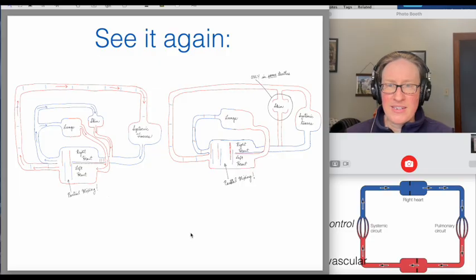So I've redrawn these. Again, I just think it's a little simpler to have all the diagrams be consistent with the left heart at the bottom, the right heart at the top. But again, just highlighting how we have partial mixing in the ventricle, which means that it's possible to redirect blood away from the lungs when it's not useful to do gas exchange through the lungs.